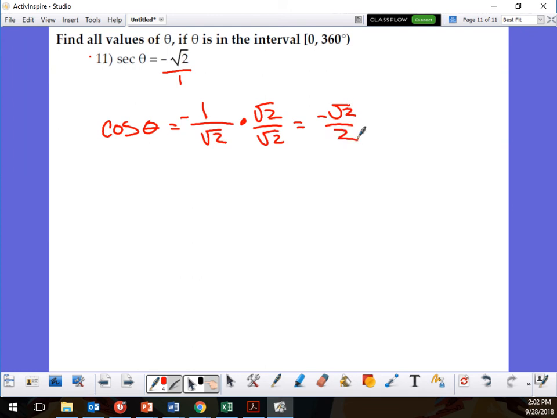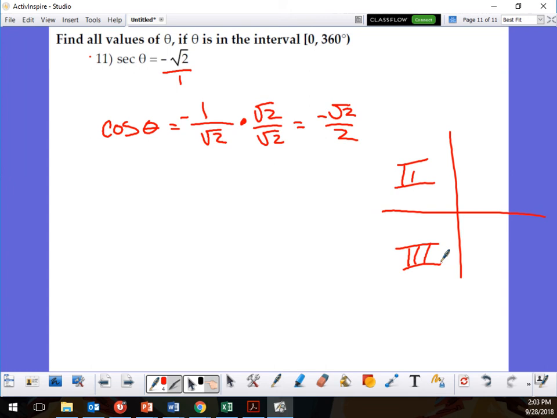Now, negative rad 2 over 2. So now on my unit circle, where's the cosine negative at? Negative is right here. It's the second and the third, not the fourth. The x value will be positive in quadrant 4, right? So now, what are the values for this one?